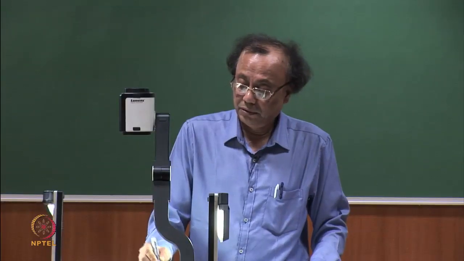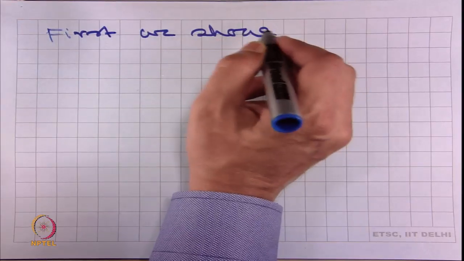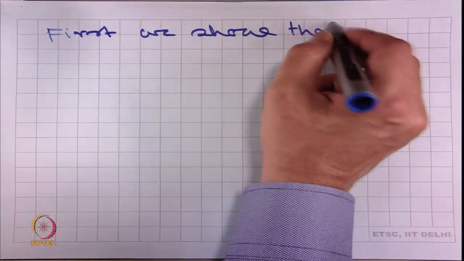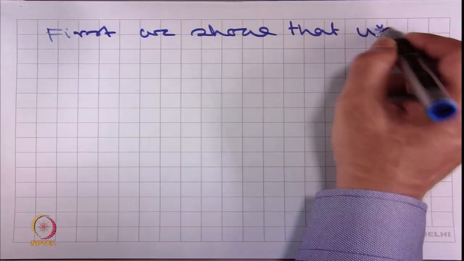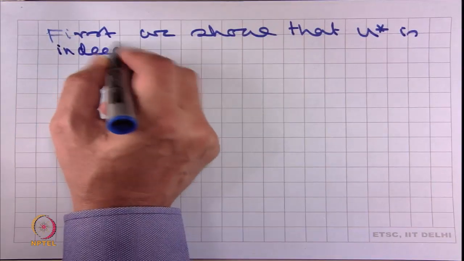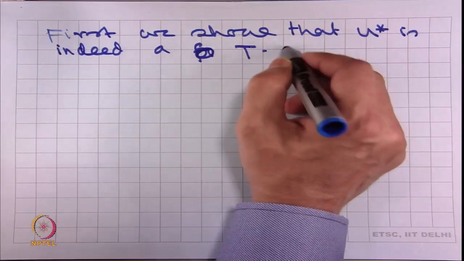First, we show that U star is indeed a T-conorm.